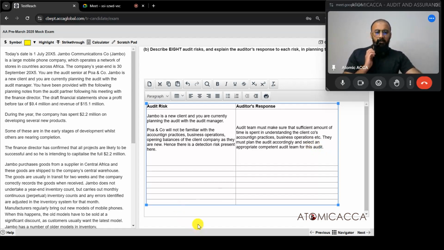So that's enough. Understand the client properly, bring a proper audit team.